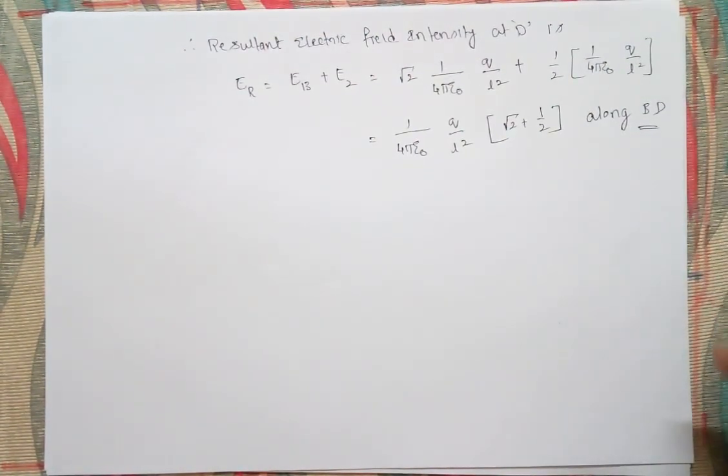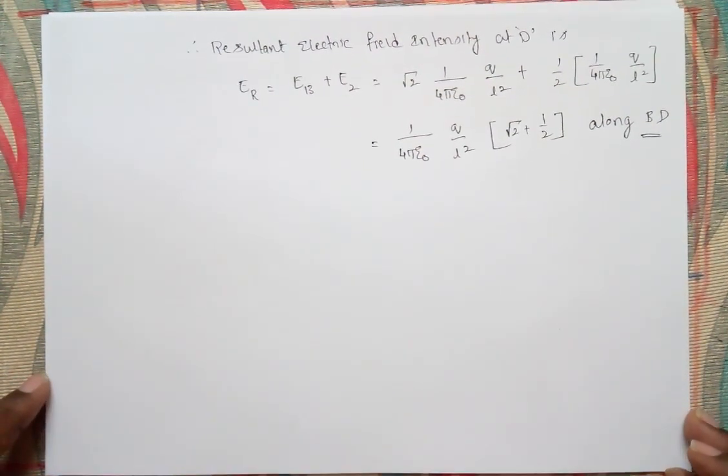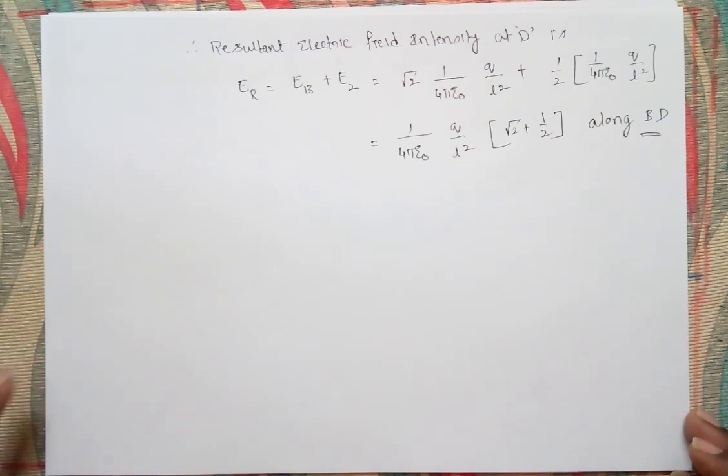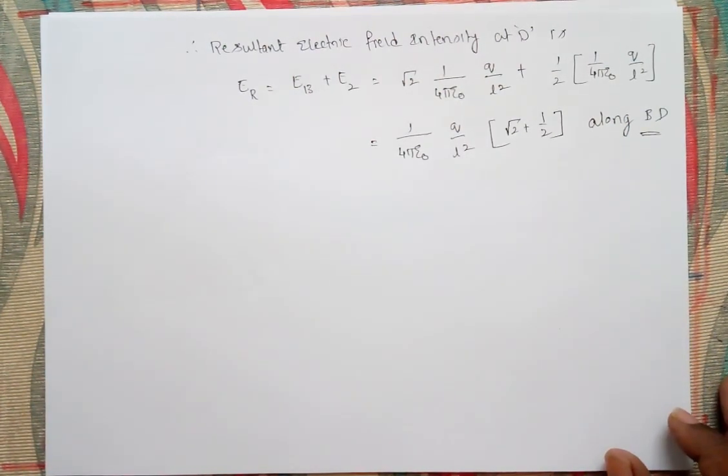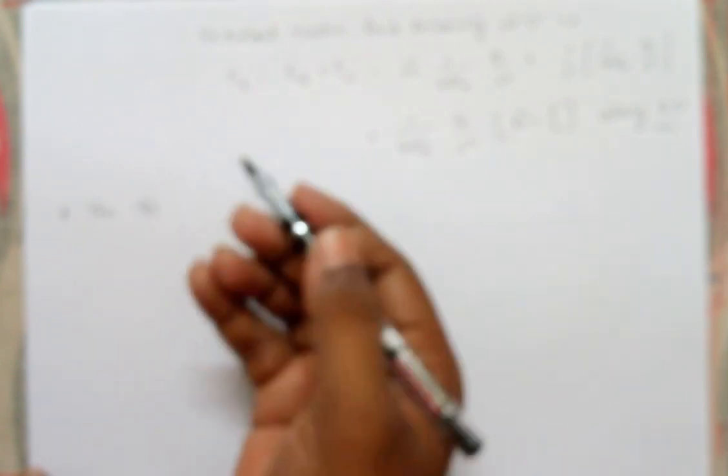Now we can go for another case. If three equal charges are there, what is the resultant electric field intensity at its center? We will discuss it. Same case, but instead of any one of the corners, now we are going to discuss at the center.